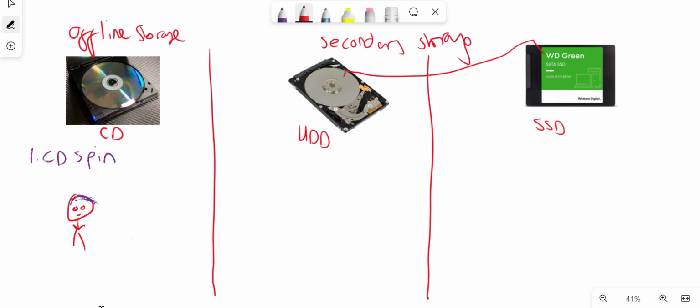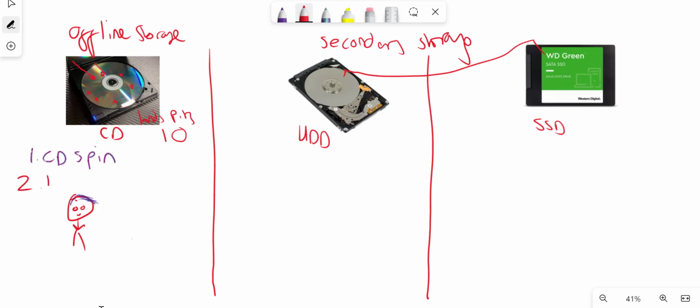What will happen is a red laser will burn into the surface of the CD, little bumps. Each one of these bumps is like a 1 in computer language. When there's no bumps, it'll be a 0. We call these bumps lands and pits.